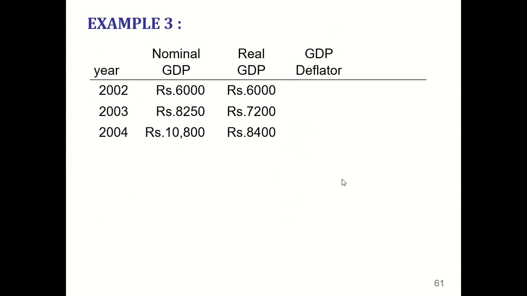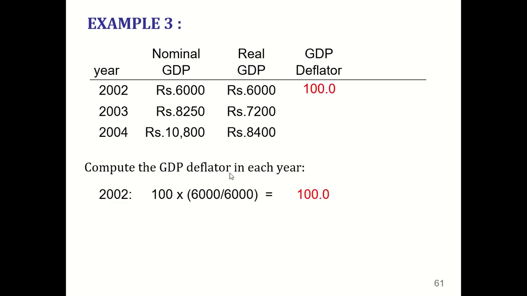Let us look at our old example, where we had already computed the nominal GDP and real GDP for 3 different years. Now, if we want to compute the GDP deflator, it is nominal GDP upon real GDP into 100. Because for 2002 nominal and real GDP is the same, I get the GDP deflator as 100.